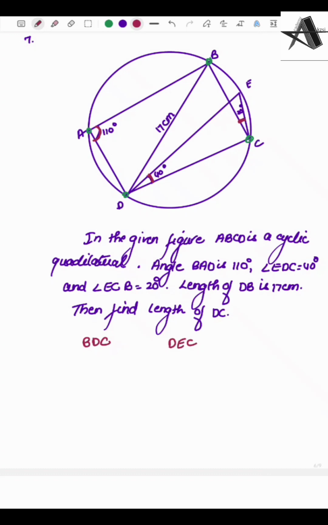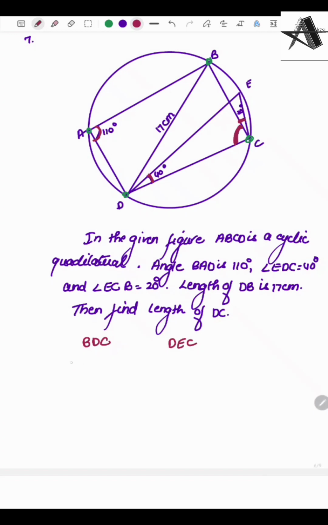But at least we can use one property, the cyclic quadrilateral property, so that I can get the value of this whole angle. In a cyclic quadrilateral, opposite angles add up to 180 degrees.